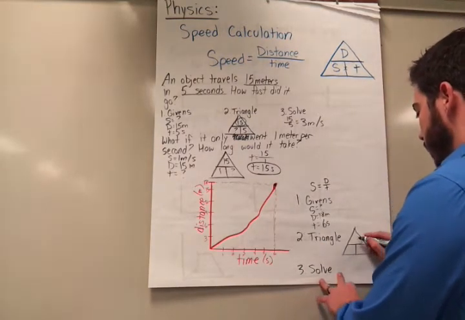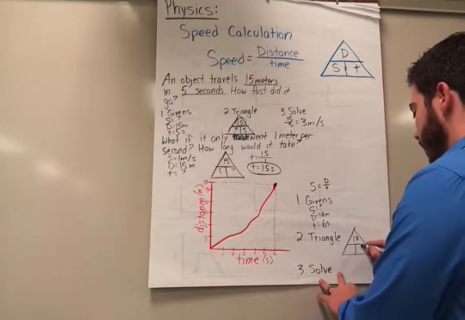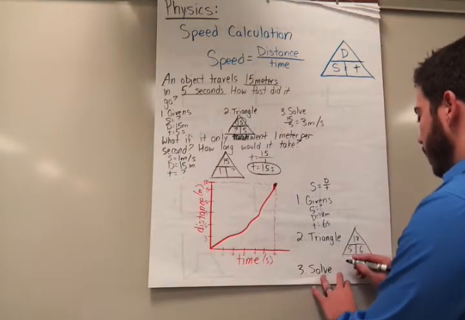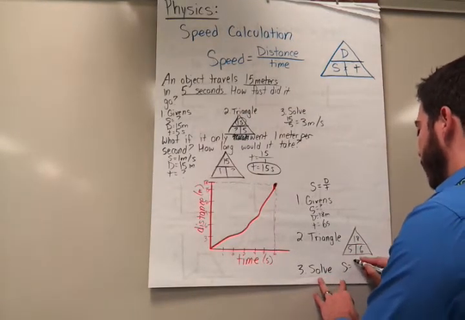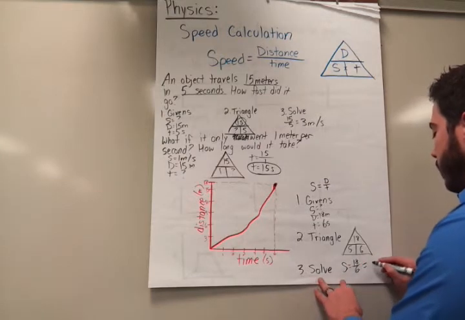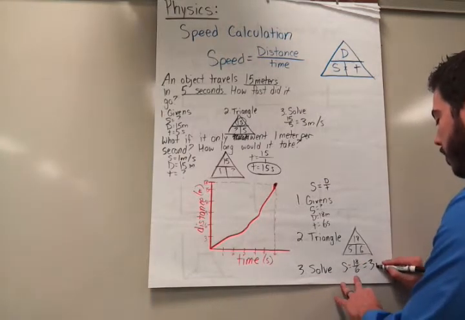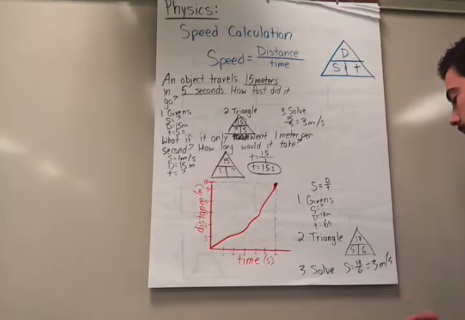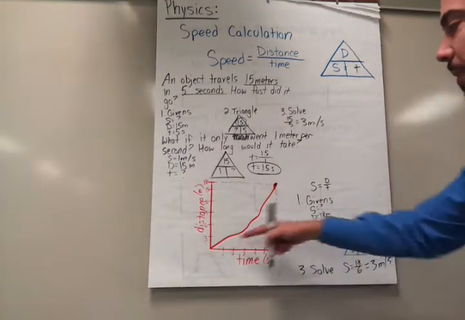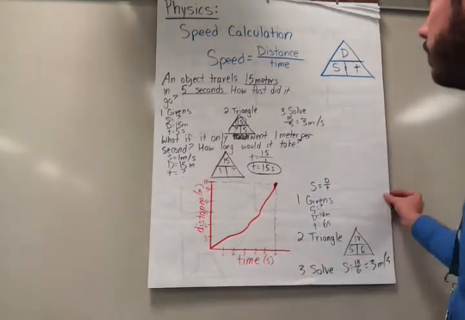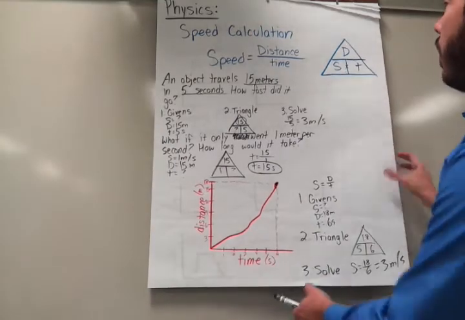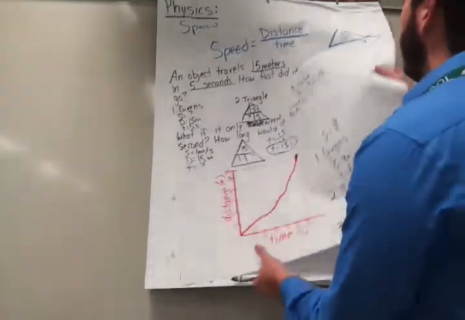Plug those numbers in. Distance was 18. Time was 6. And we're trying to find speed. Solve it. Speed is equal to 18 divided by 6, which is equal to 3 meters per second. So this is the way to find average speed on a graph, using information from the graph.